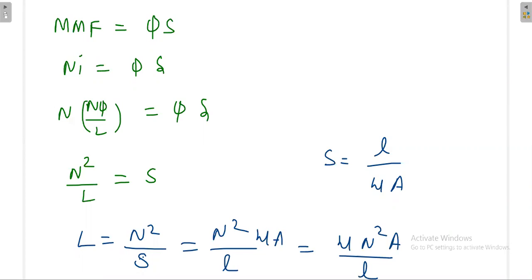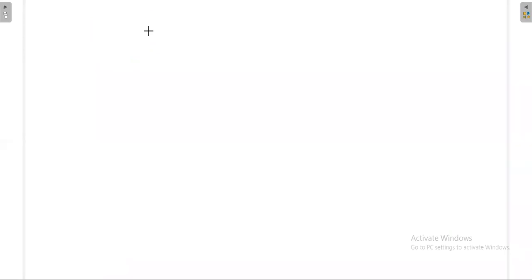This formula we have already derived. What is the value of the inductor? Mu N square A divided by l Henry.